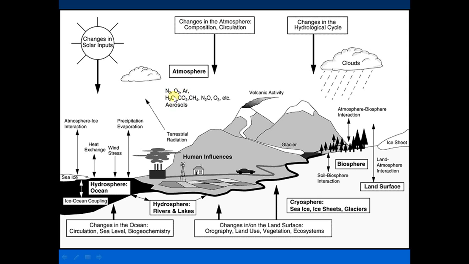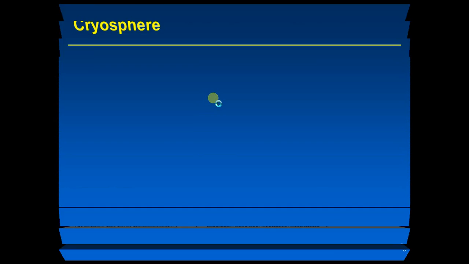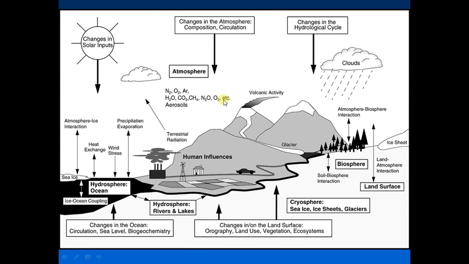But these trace greenhouse gases, water vapor, carbon dioxide, methane, nitrous oxide, ozone, and so on, are very important because they help determine how strong the greenhouse effect is. Unlike nitrogen, oxygen, and argon, they are able to interact with long-wave radiation well. They're able to absorb and emit in different wavelengths of the infrared radiation spectrum.